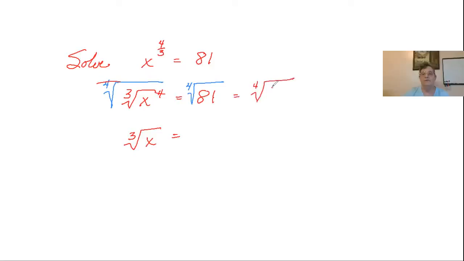This is the 4th root of 3 to the 4th. So that's just 3. So if the cube root of x is equal to 3, I could get rid of that cube root by cubing both sides. Again, the power and the index, when they're the same, they cancel. They're inverse operations. So that's going to give me x equals 27.